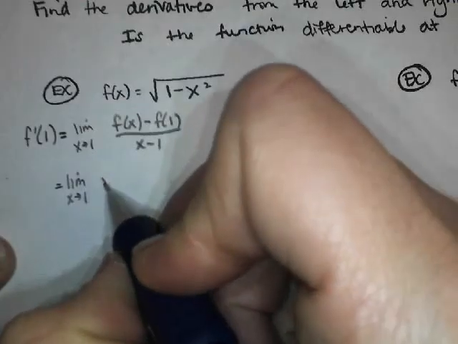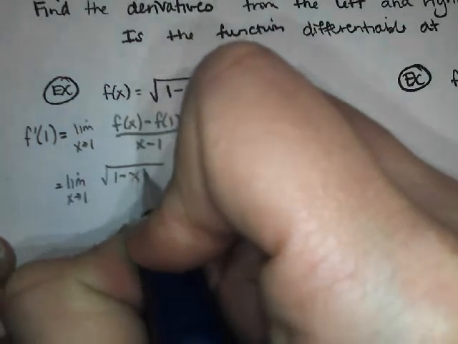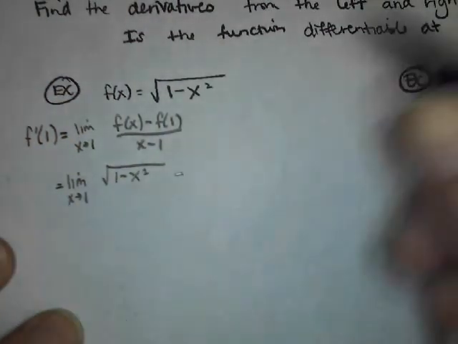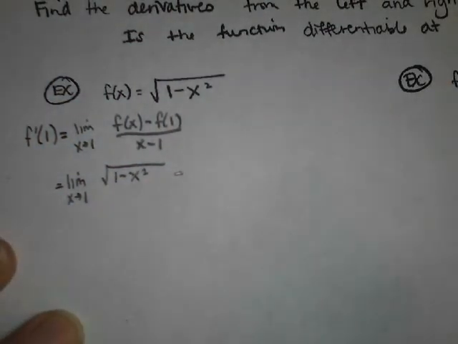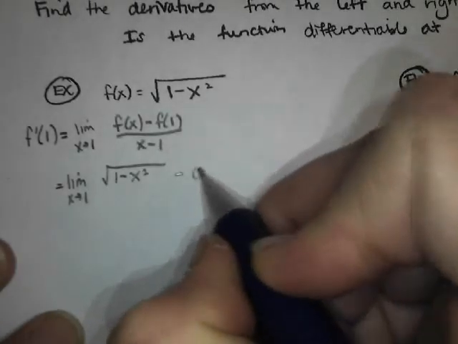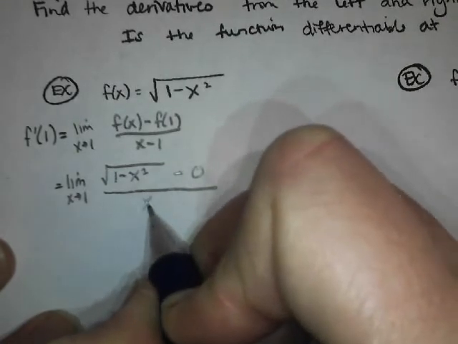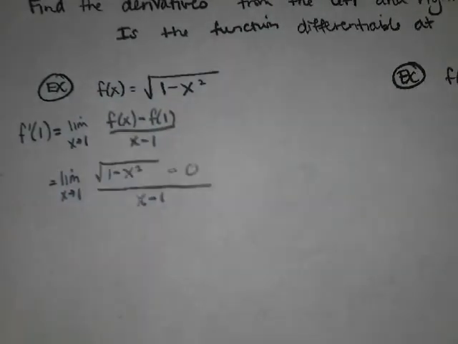There's my f of x. Matt, what's f of 1? 0. Good. It is often 0, but not always.